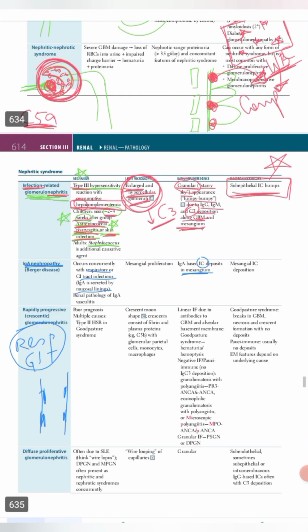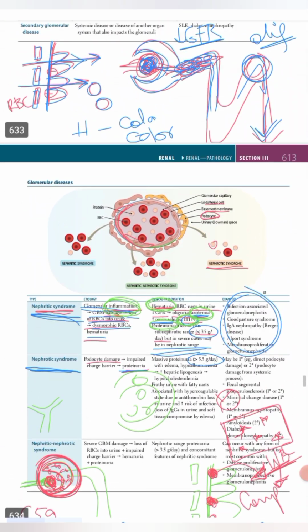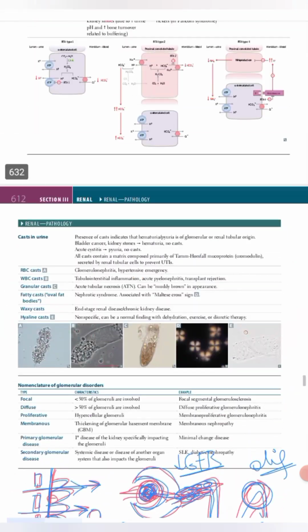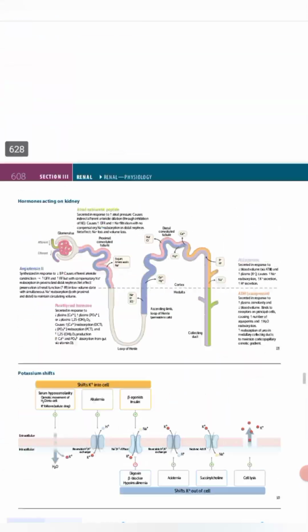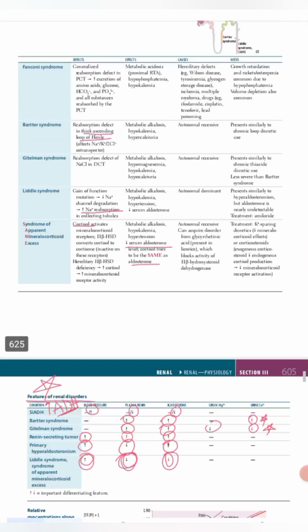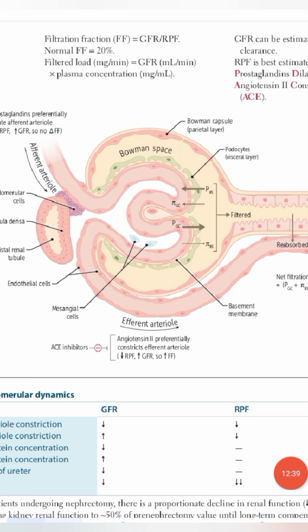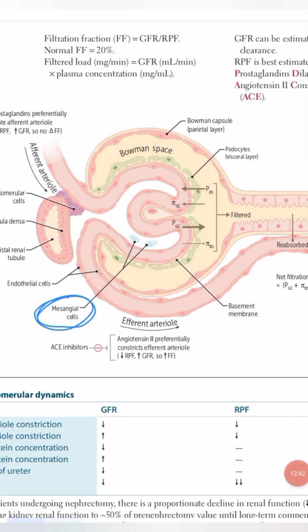We saw that the mesangium is a kind of support structure present in the kidneys. There is a mesangial matrix inside which there are the mesangial cells.